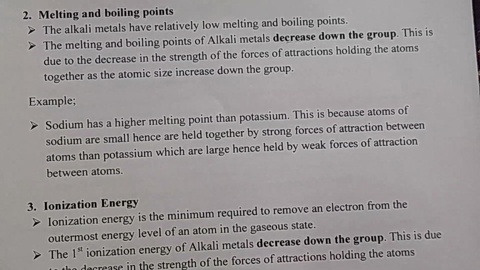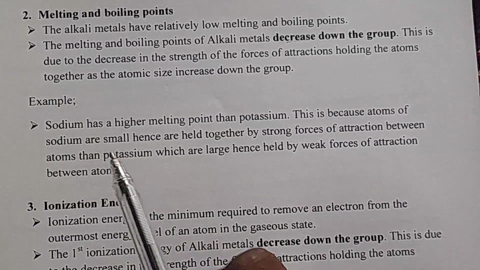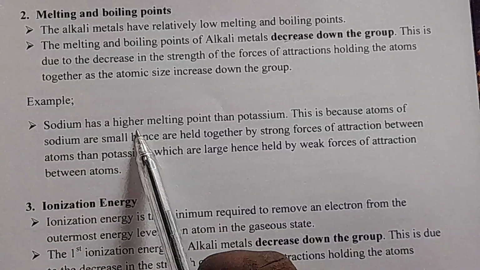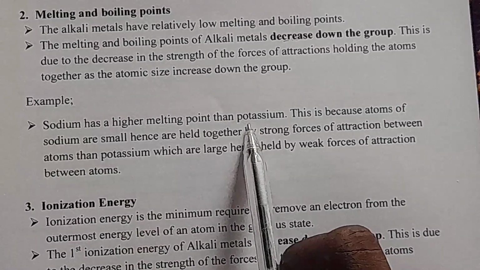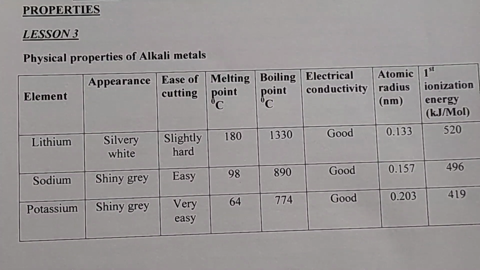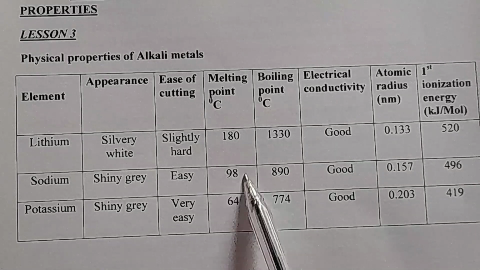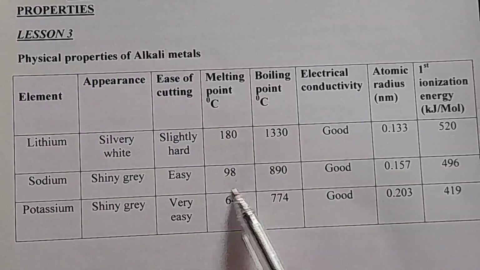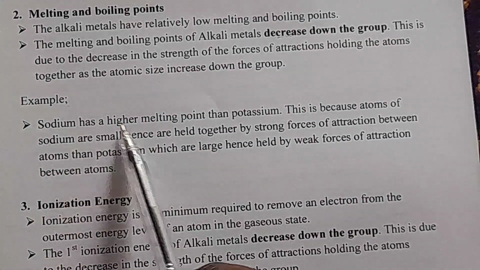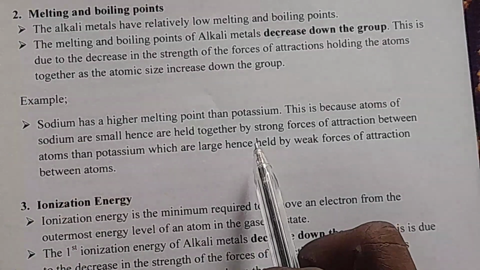For example, in comparing the melting and boiling points of two alkali metals, here we are told sodium has a higher melting point than potassium. That's very true because when you see the table, sodium has a melting point of 98 and potassium has a melting point of 64. So we're saying sodium has a higher melting point than potassium. Reason?